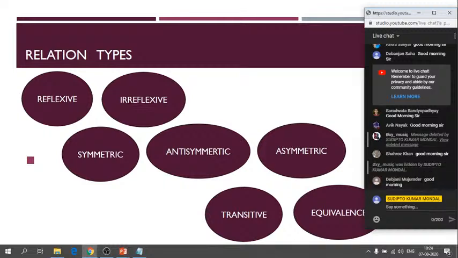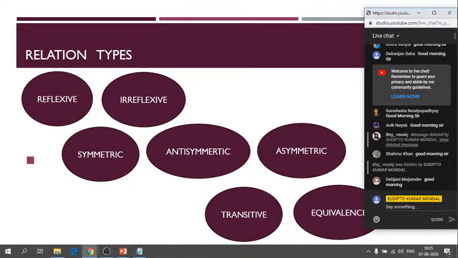This way we have used the relation in our previous class, and we have seen different representation techniques, like arrow diagram, like matrix representation, and then different types of relation, like empty relation, universal relation, as well as inverse relation.